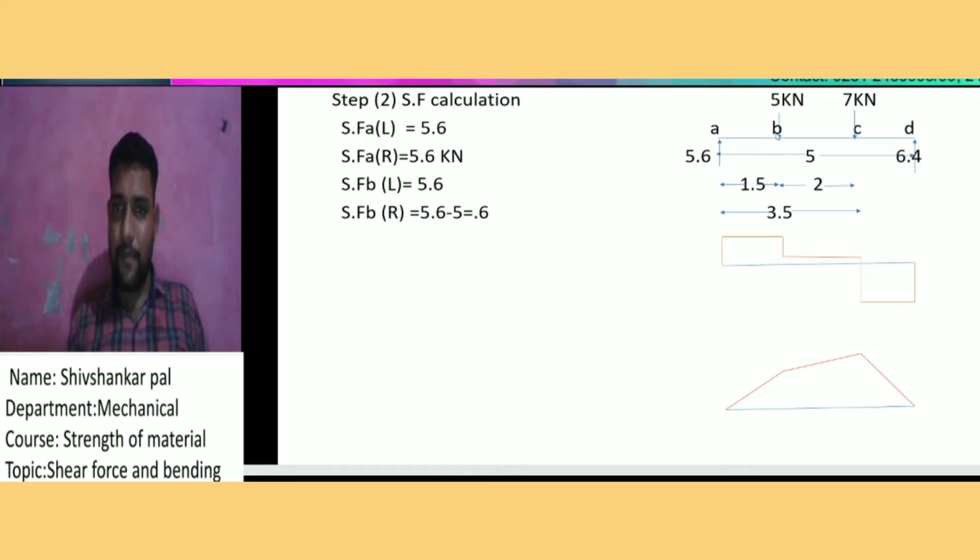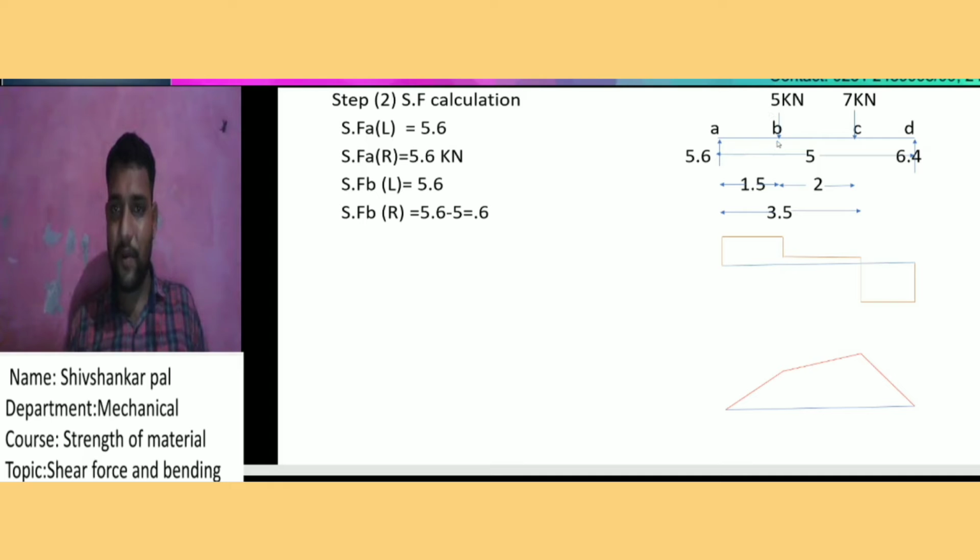When I approach point B, going to the left hand side of point B, I see only one force acting, 5.6.